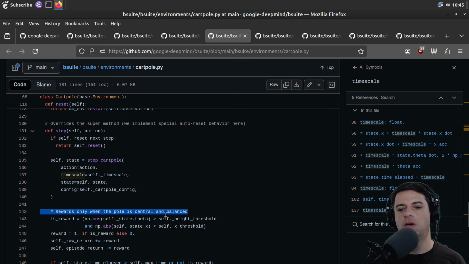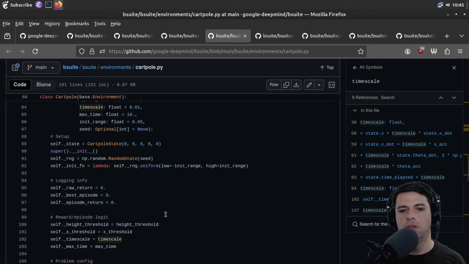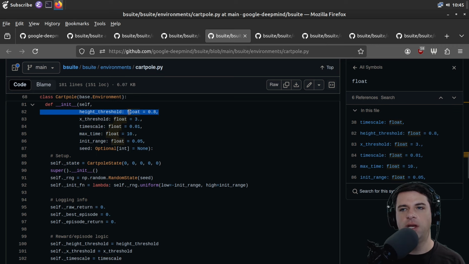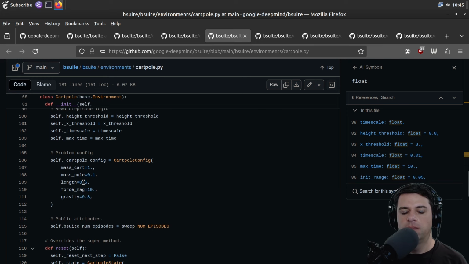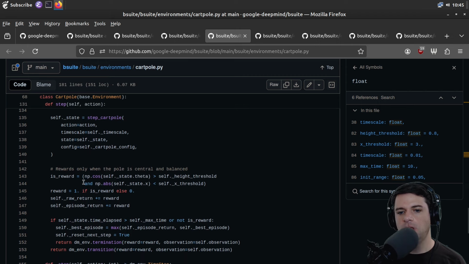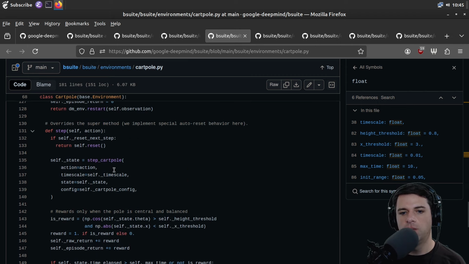So how tall is the pole? The height threshold is 0.8. But I thought the pole was 0.5 in length. So I'm not sure I understand the units here.